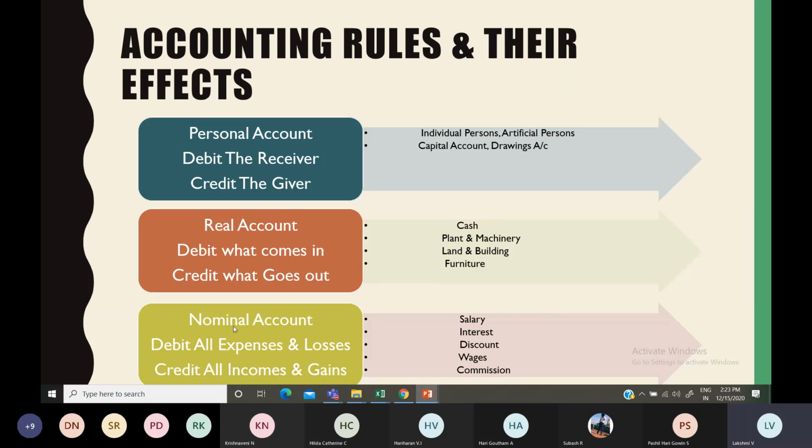And the nominal account. Generally, all the expenses and losses, incomes and gains are considered here. The rule is: debit all expenses and losses, credit all incomes and gains. The items we consider under the nominal account are salary that you pay to your employees, wages you pay to your labor, electricity bill for power, fuel, whatever payments you are making.